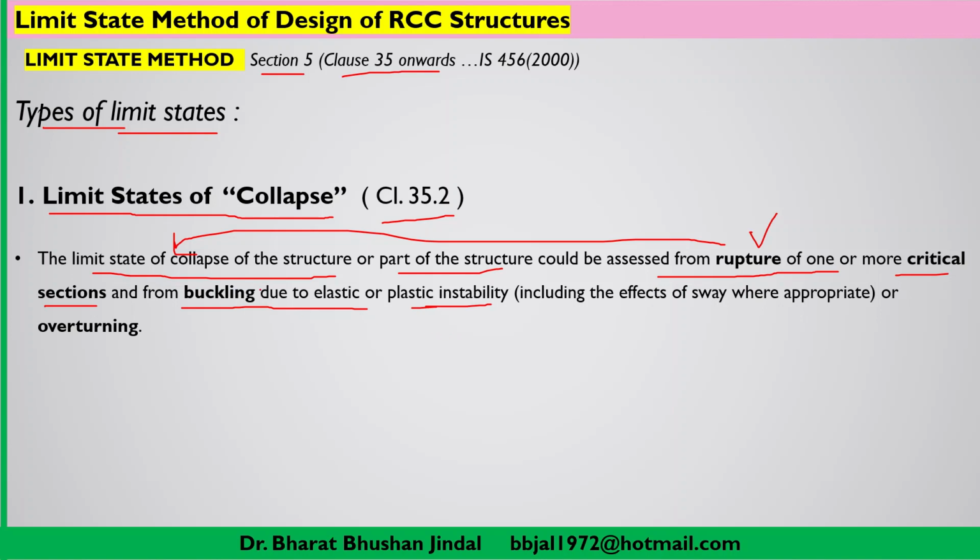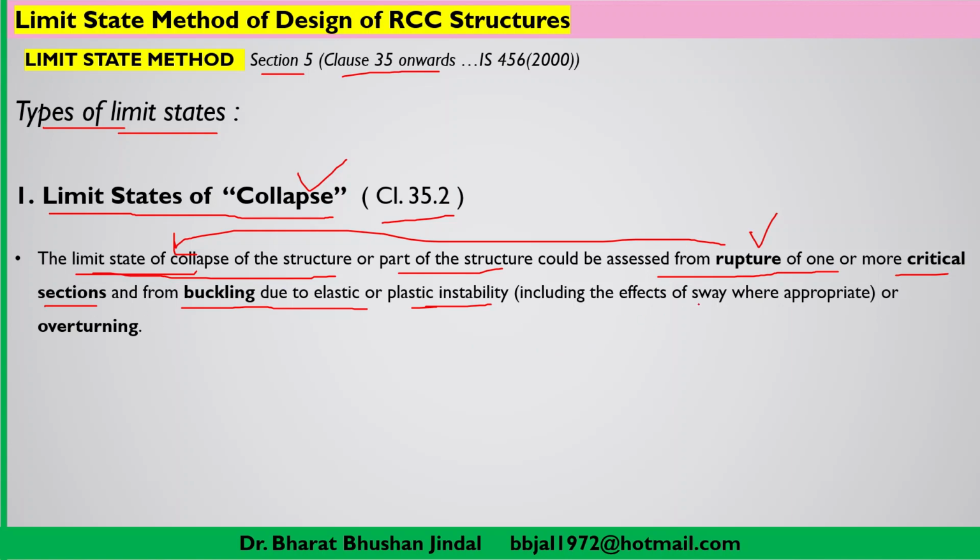So the main focus in this method is that we are not designing the structure for failure, but we are designing the structure by imposing some limits during design such that the structure will never collapse. So when you see any such behavior of the structure, we will say that it is approaching the limit state of collapse.